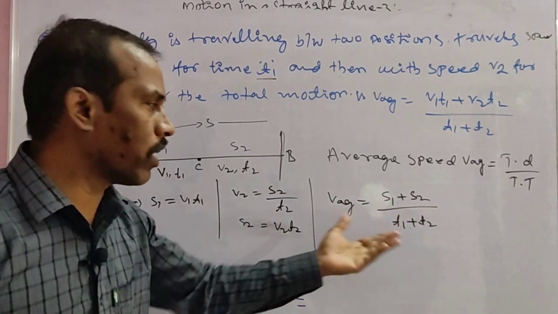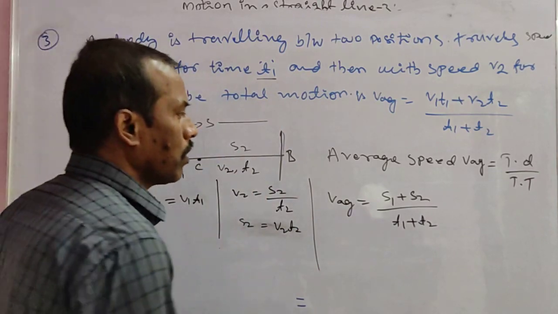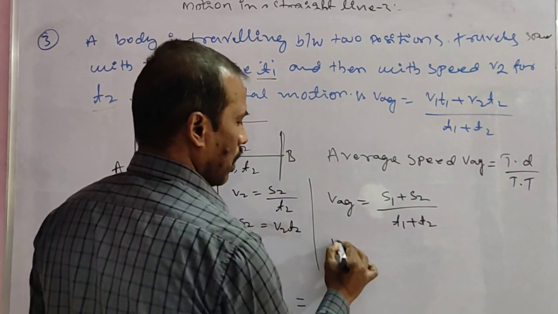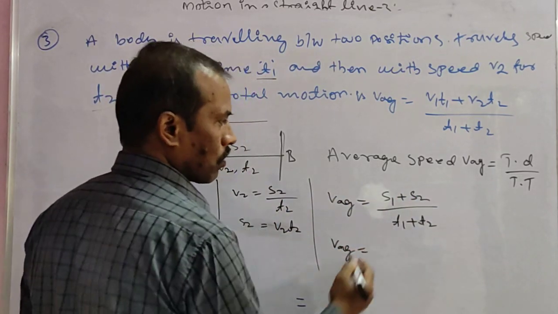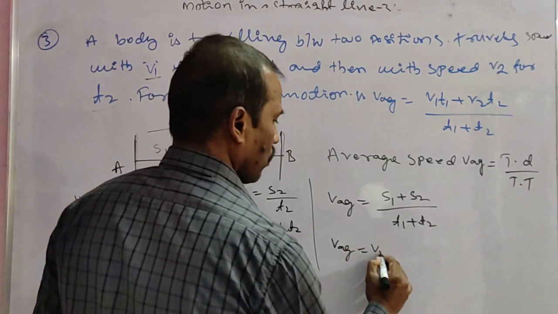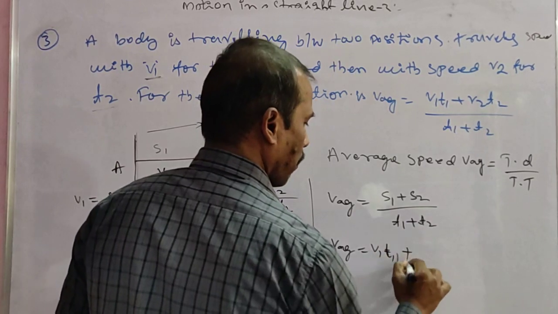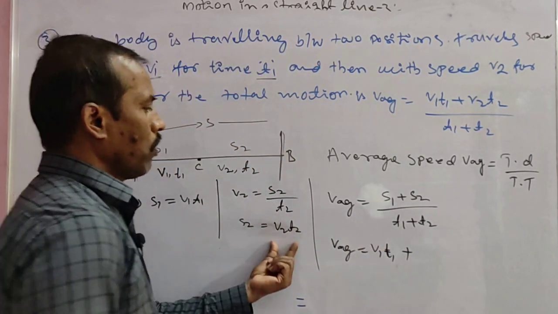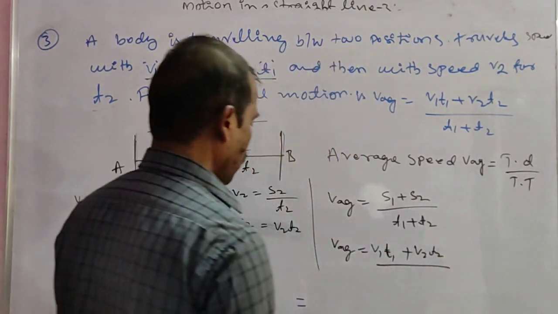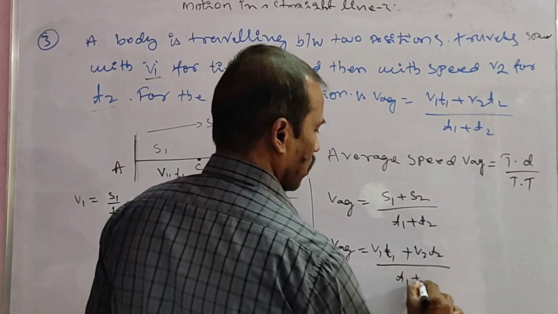After that we will get the average speed of the body. ఇక్కడ ఏంటంటే s1 s2 వాల్యూస్ ఇక్కడ ఉన్నటువంటి వాల్యూస్ ఇక్కడ సబ్స్టిట్యూట్ చేసినప్పుడు ఏమొస్తుంది, average speed is equal to s1 value v1 t1 plus s2 value v2 t2 by total time, nothing but t1 plus t2.